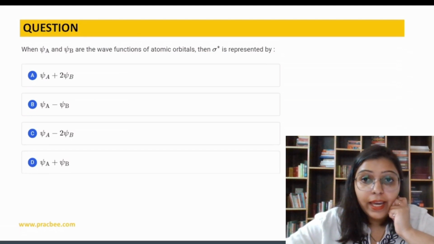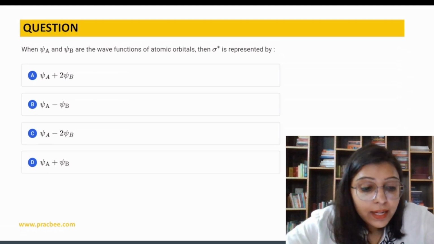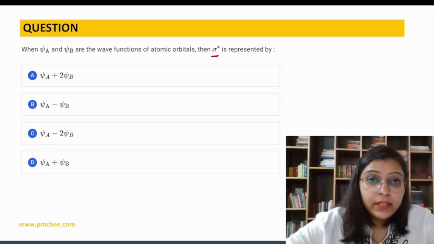When psi A and psi B are the wave functions of atomic orbitals, then sigma star is represented by what?